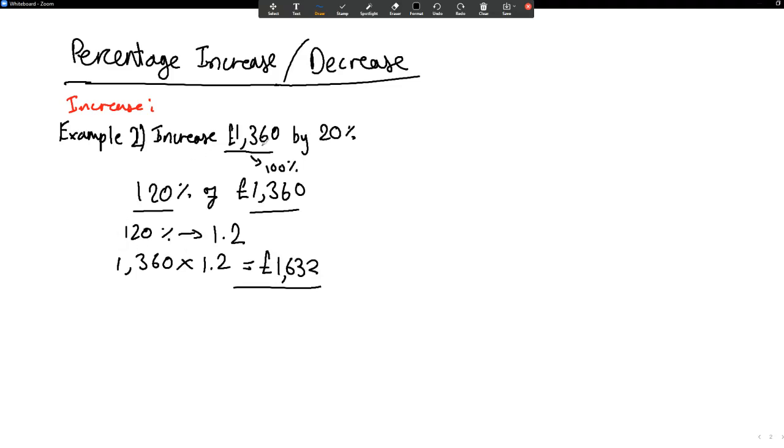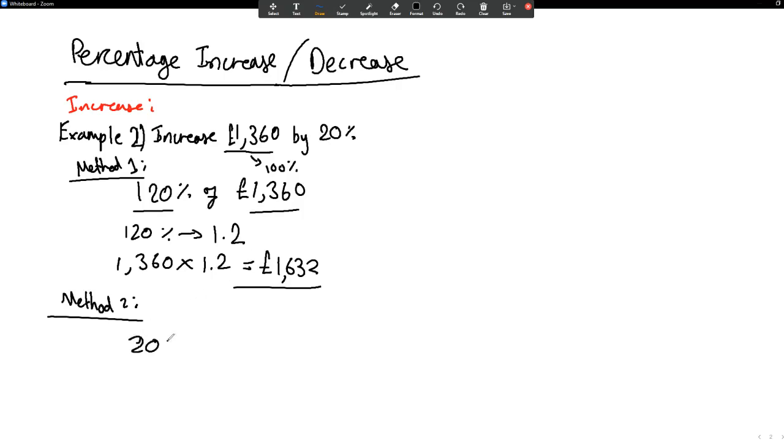Again, you can use the other way, which is we have 100% and we want to get to 20%. So this would be method 1, method 2. And then we'd find 20%, so we'd have to divide by 5.